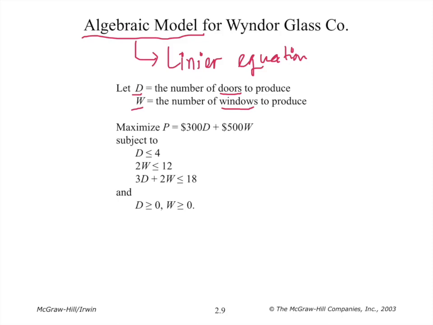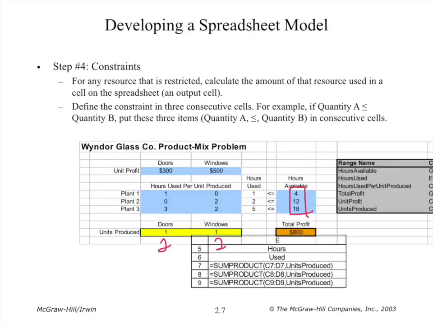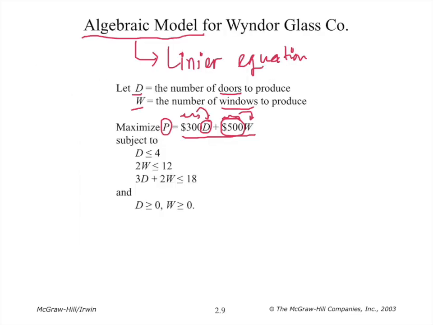Our maximized profit is the unit profit for doors multiplied by the number of doors. Likewise for windows, the unit profit of windows is 500, multiplied by the number of windows. So this is the profit. Okay, that is the profit model.